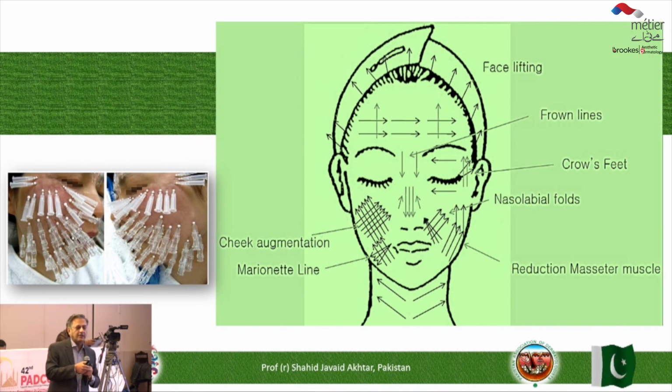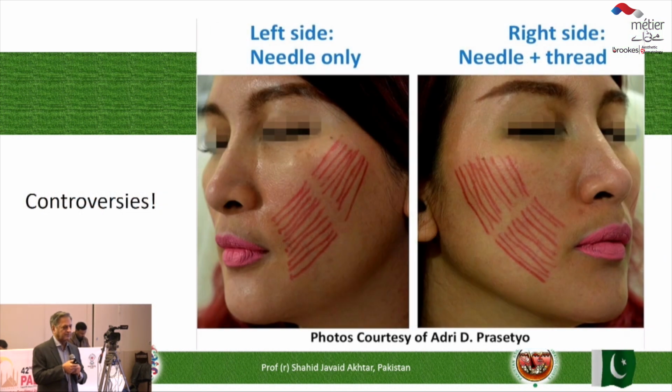The other very popular method, where we insert multiple PDO threads in the superficial fat to claim lifting, is not possible. There is some new collagen formation, but that is mainly because of injury. This was a thigh, only 30 seconds.